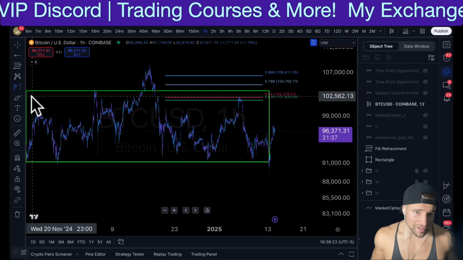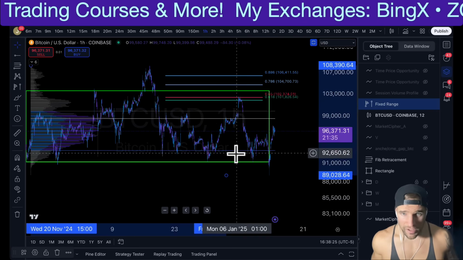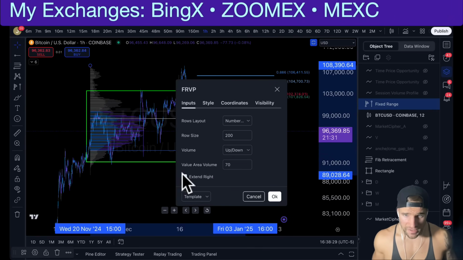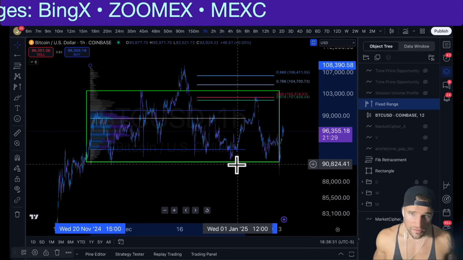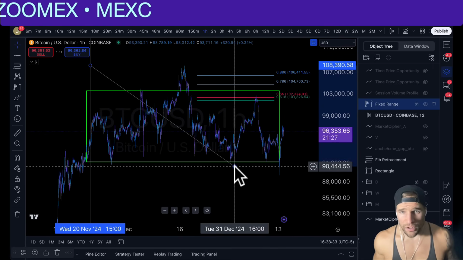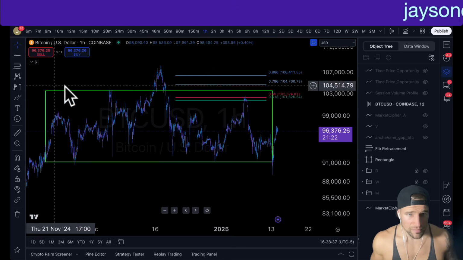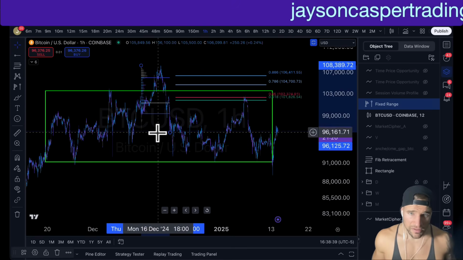Then what else can we do? We can take our volume, right? And in this instance, hang on, let me unclick extend, right? In this instance, we don't really have any Fibonacci confluences here. Let's see if we can find anything here.